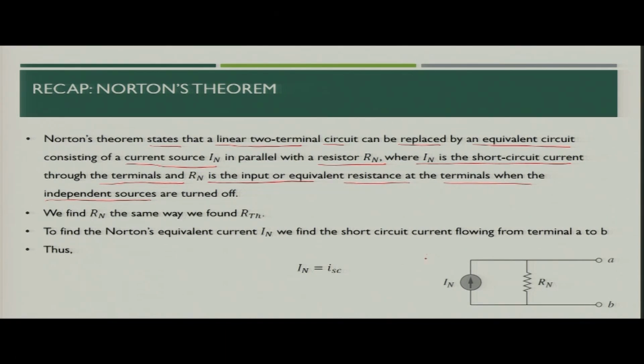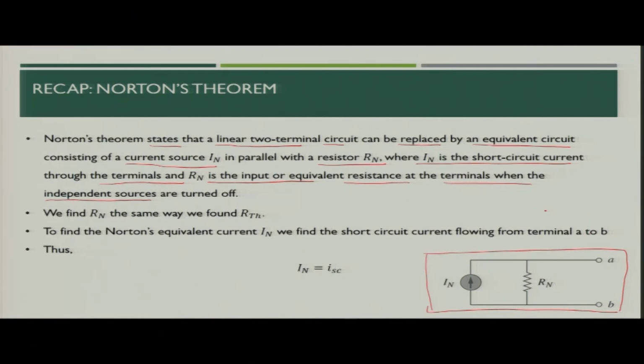Independent sources turned off means the voltage source would be short circuited and the current source would be open circuited. Finally, we will get the Norton's equivalent as shown in this figure, where I n is the short circuit current flowing through the terminals A B, and R n is the input resistance you see when looking through these two terminals.